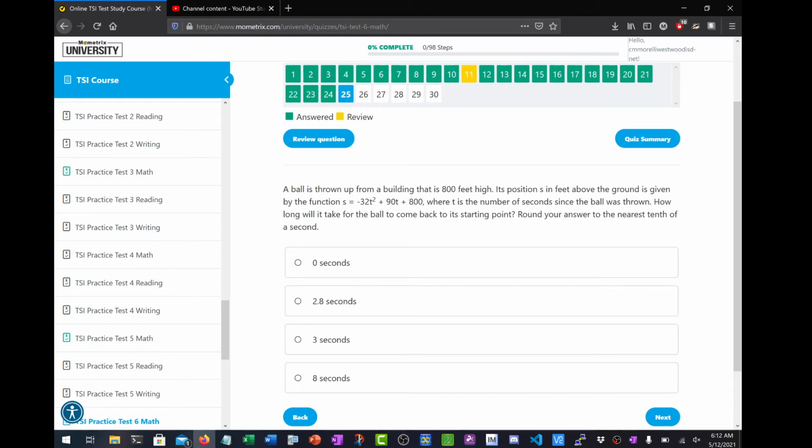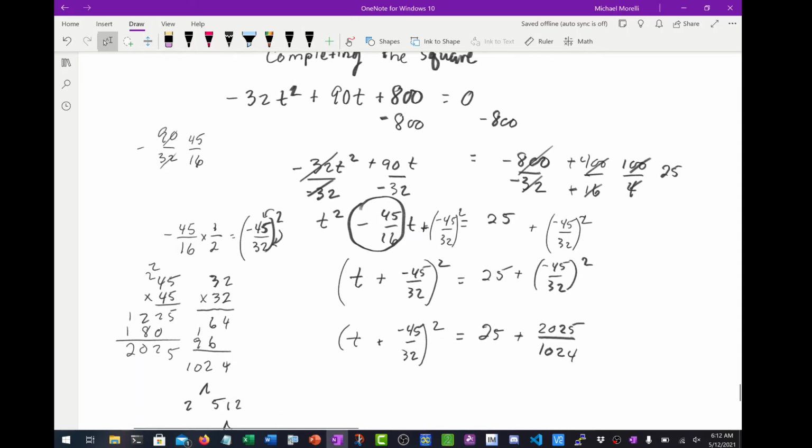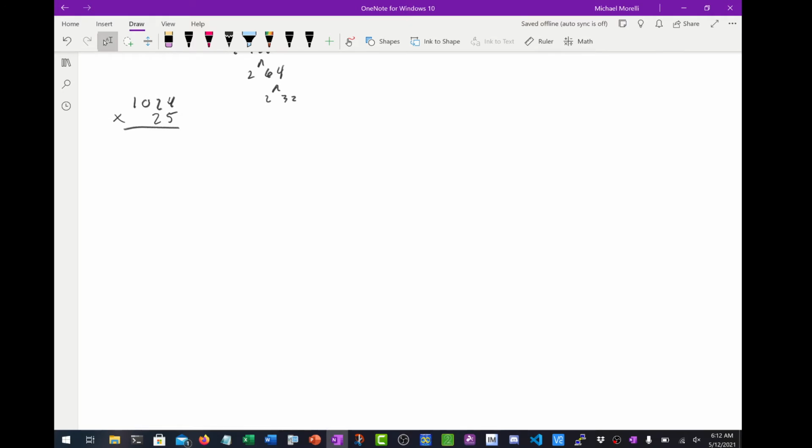So negative 32t squared plus 90t. I'm going to modify this whole problem and just say negative 32t squared plus 90t and basically plus 0, right? I'm just going to assume that the top of the building is the floor. So I'm ignoring the height of the building here. I don't know if this is going to help me, but it's going to make the math easier. So there's my math now.